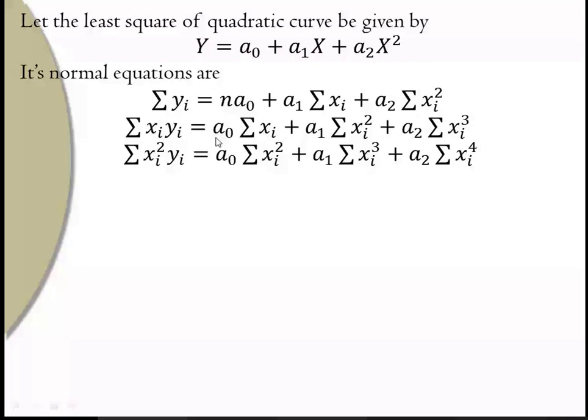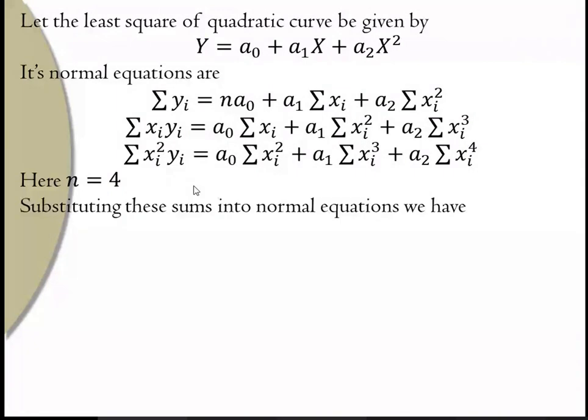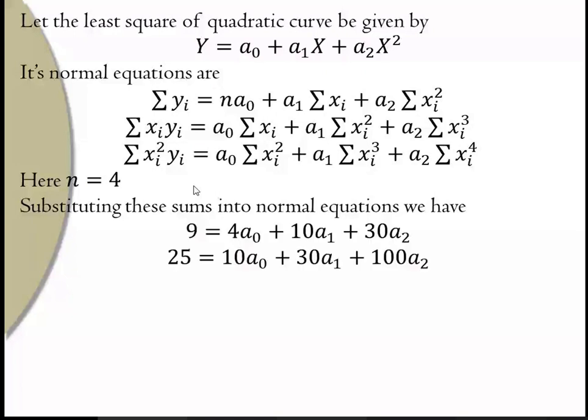Okay. Now, use the tabular values of the summations. N is 4. So using the tabular values, summation y is 9, summation xy is 25, summation x square y is 80.8. Like that, using all the values from the table, we get these three equations. On a calculator, we can solve three linear equations in three unknowns.